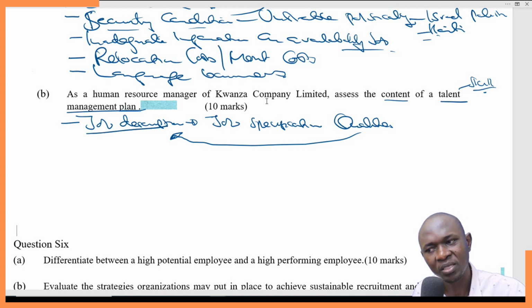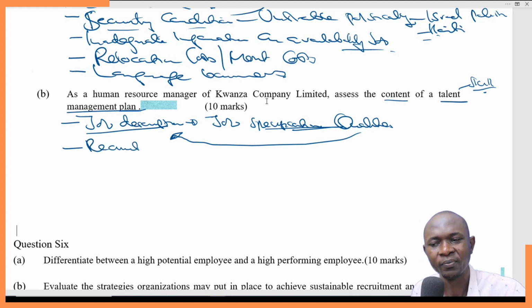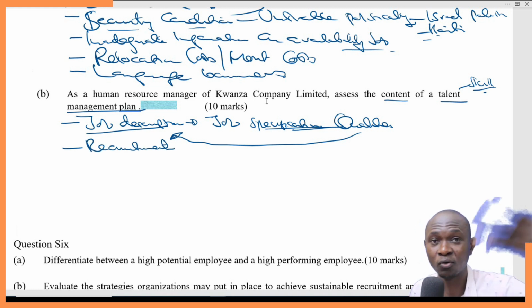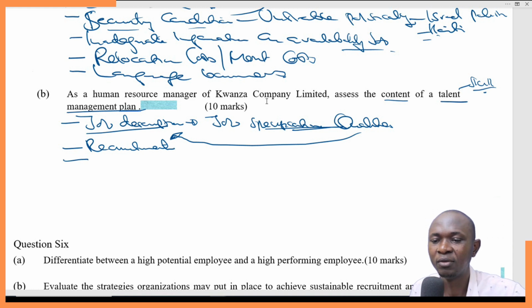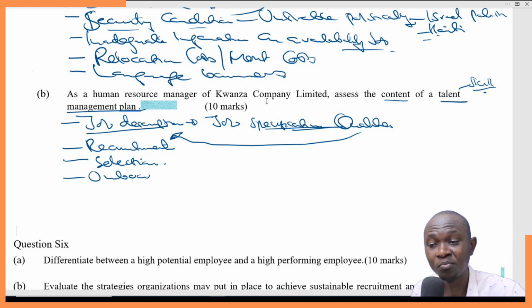Wrong identification of this will lead to wrong identification of this, and will lead to wrong recruitment, where I reach out to the wrong people. Then it will lead to wrong selection, and then the onboarding process will not be good.